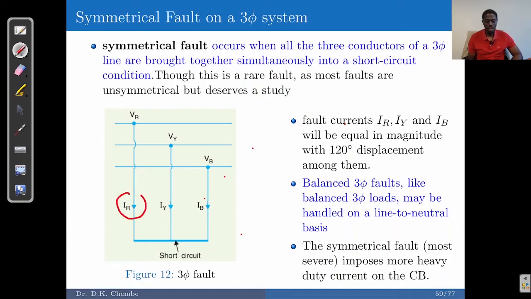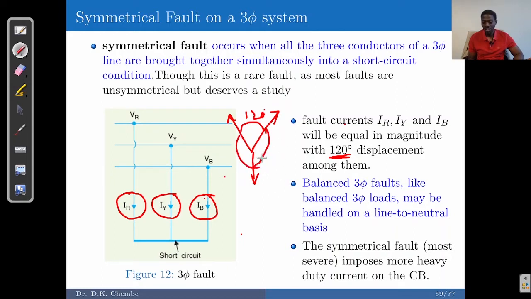The current in the red phase, the current in the yellow phase, and the current in the blue phase are all going to be equal in magnitude, and they are going to have a displacement of 120 degrees apart. So there will be 120, 120, which means it's a balanced fault, which implies that the angles are equal and also the magnitudes are equal.